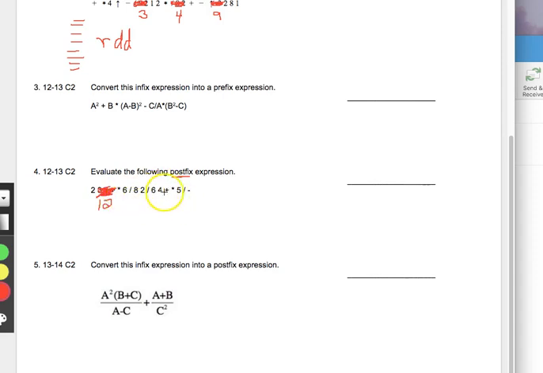Is 212 star the pattern operand, operand, operator? Because that's the pattern we're looking for. Is 2 an operand? Ryan. Is 12 an operand? Is a star an operator?